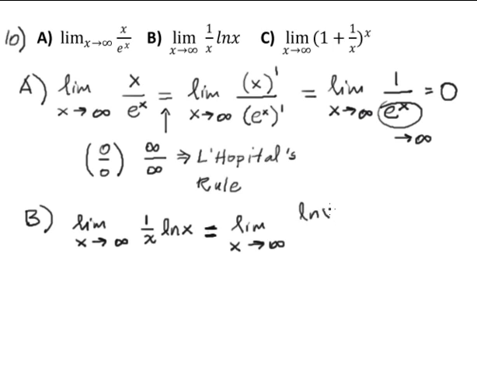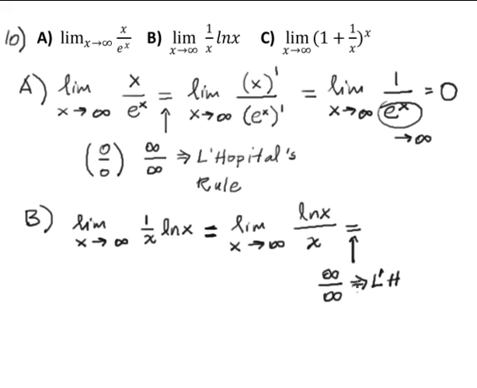And then we have an indeterminate form. We have a limit where the numerator is going to infinity and the denominator is going to infinity. So when we have an indeterminate form, such as infinity over infinity, we could use L'Hopital's rule.